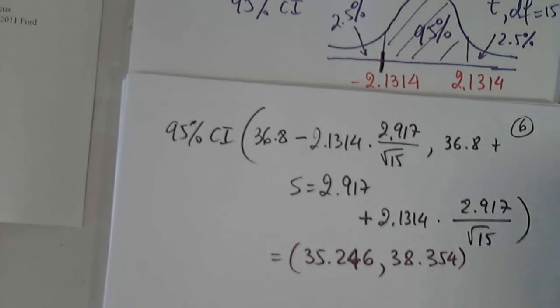Okay, so now I'm going to share the screen with you so we can do this with StatCrunch. I can close this, I guess. StatCrunch. Okay, T-stats. One sample with data.